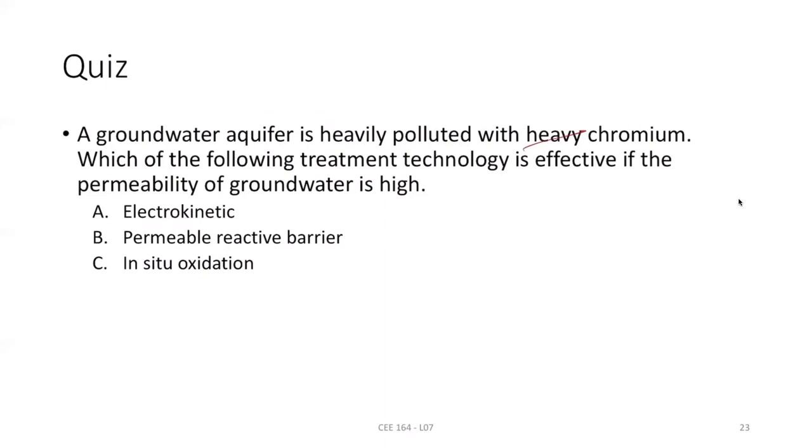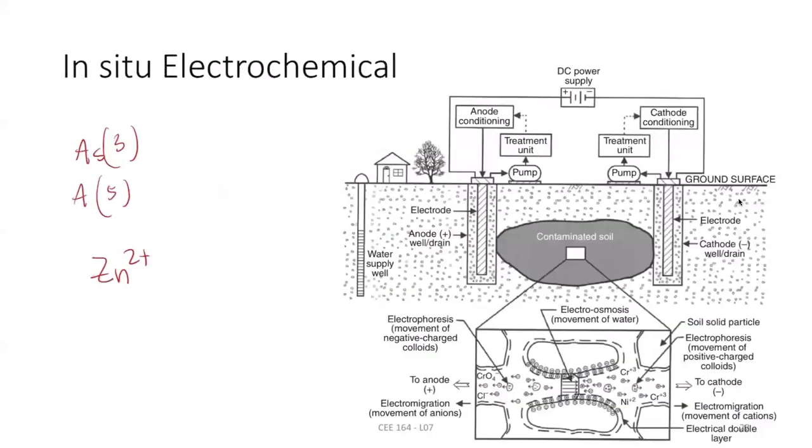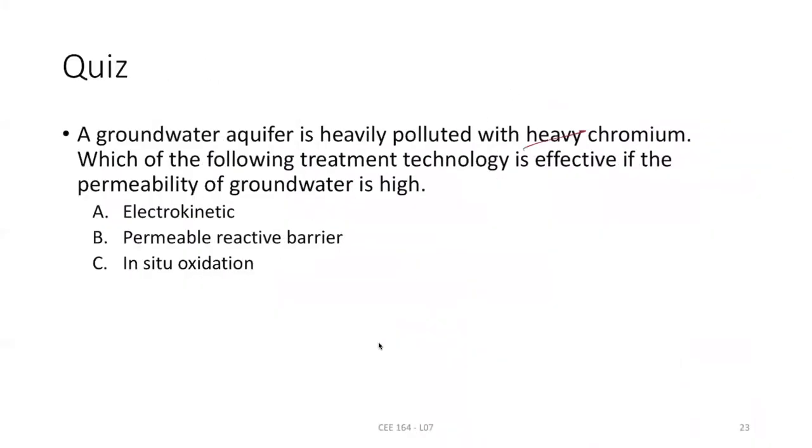Which of the following treatment technologies is efficient if the permeability of the groundwater is high? Heavy chromium means, again, Cr6 plus.